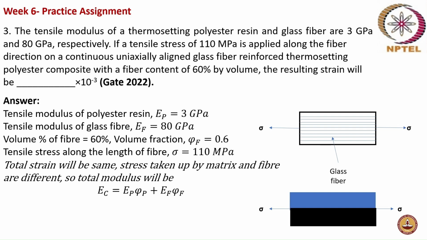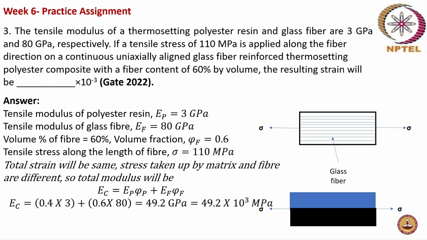Okay, so what is the value? 49.2. Okay, let's see. Yeah, 49.2 gigapascal. So 49.2 times 10 to the power 3 megapascal.